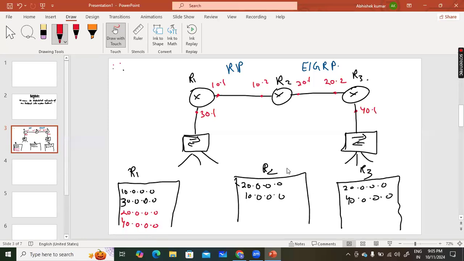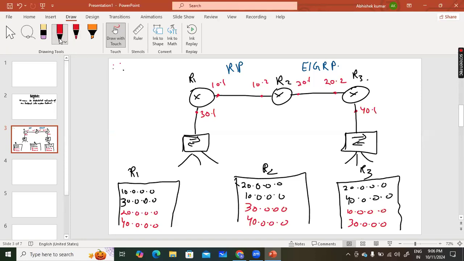Similarly, it is going to learn 30 here, and 40, and 10, and 30. Is it fine? Is it clear to each and every one of you or not? Tell me.